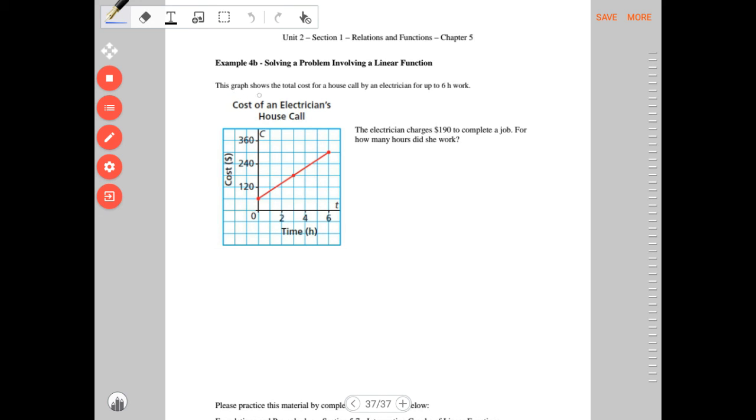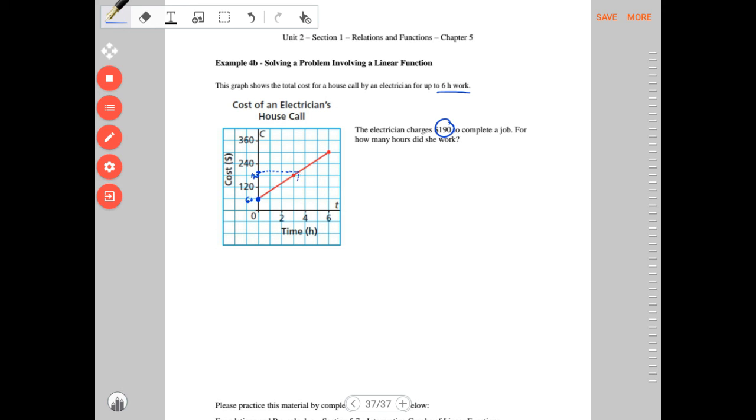And then the last example. This graph shows the total cost for a house call by an electrician for up to 6 hours of work. The electrician charges $190 to complete a job. For how many hours did she work? So 190, let's see, 180 is here, so 190 is about there.